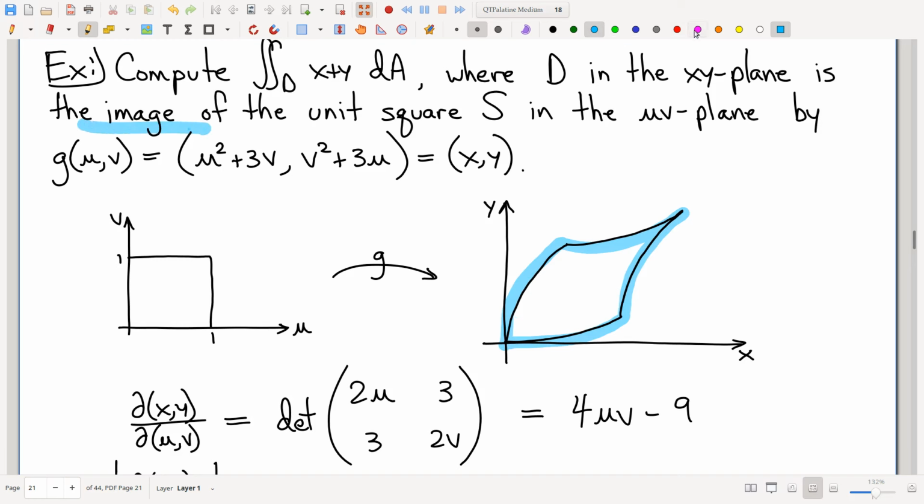But furthermore, we were given the function by which it is an image. That's manufactured, right? Most of the time that doesn't happen. Most of the time you have to come up with your own change of variables function, right? And that's what we're going to talk about in the remaining examples that we're going to see today. Okay. All righty. So let's see here.